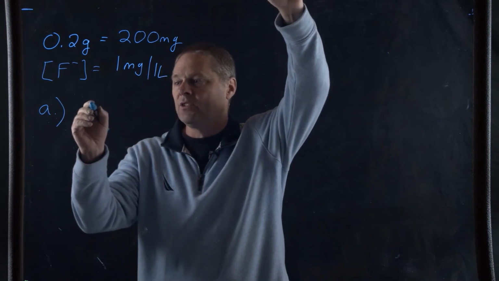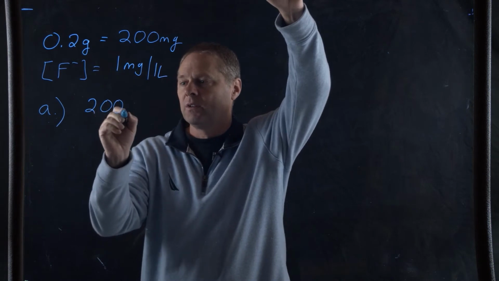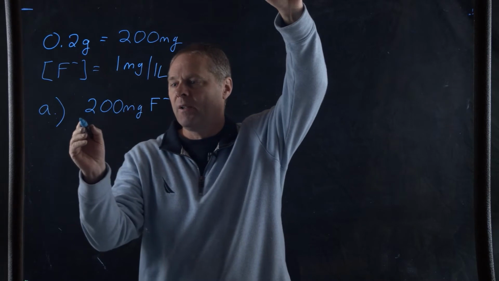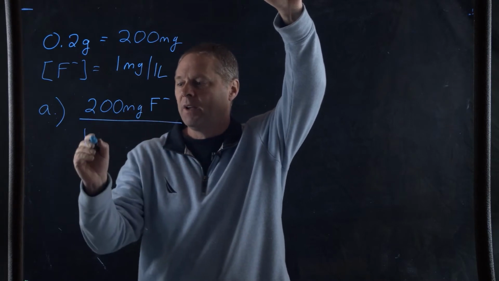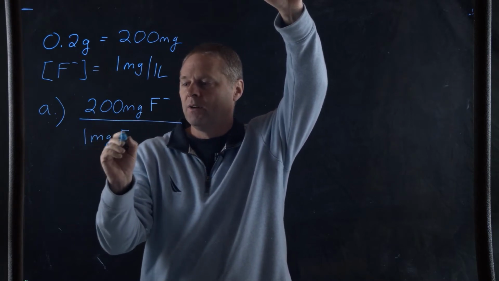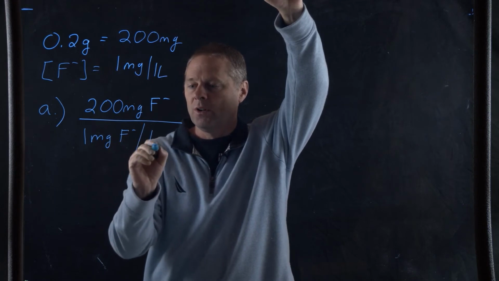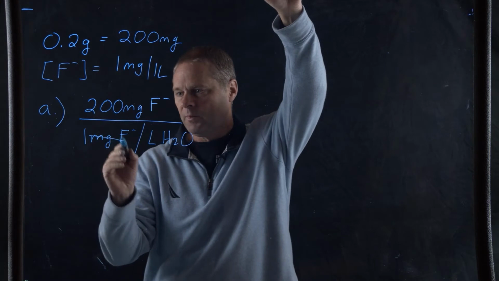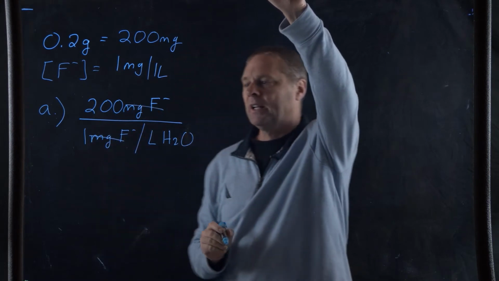Now, if we take the 200 milligrams of fluoride and divide that by the 1 milligram of fluoride per liter of H2O, the milligrams of fluoride cancel out.